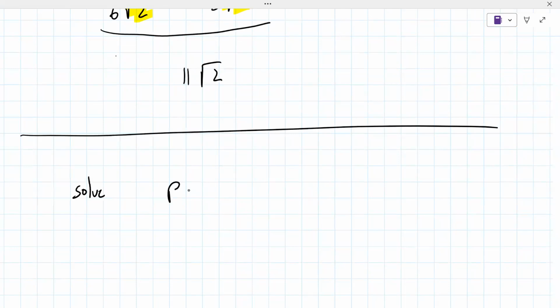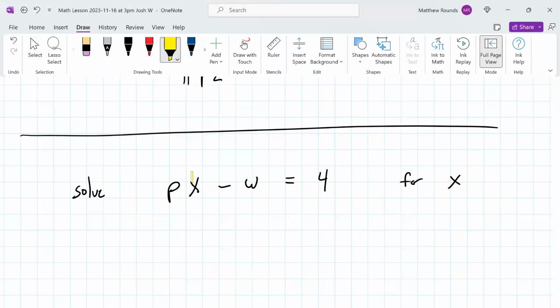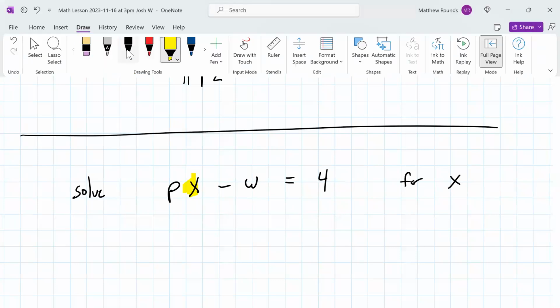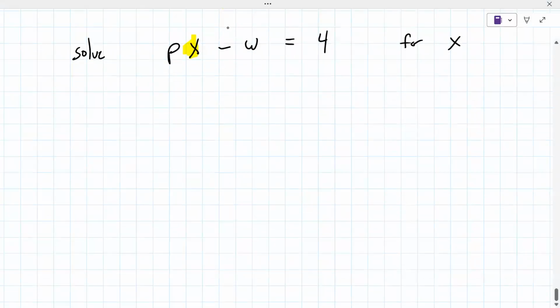Solve px minus w equals 4 for x. So notice that x is here. You want to think about p and w as just being numbers, even though they're not. How do you undo subtraction? Addition.